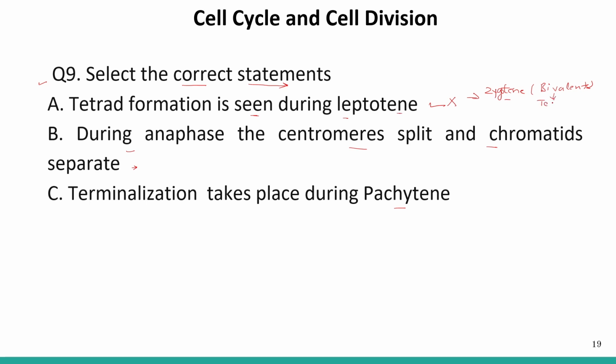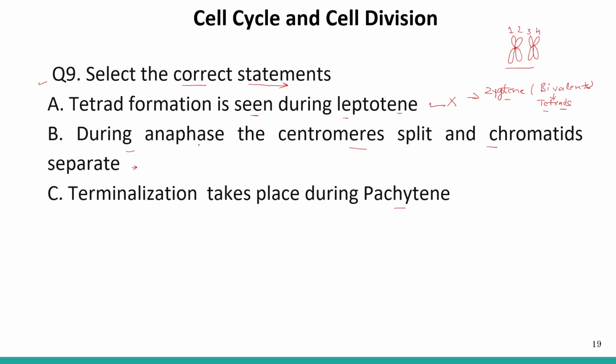Bivalents are also known as tetrads because they contain 4 chromatids. If this is a bivalent, pairing of homologous chromosome forms a bivalent. First chromatid, second chromatid, third chromatid and fourth chromatid. So it is a tetrad.